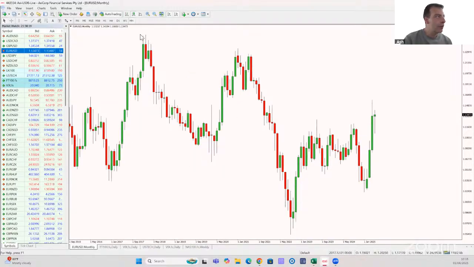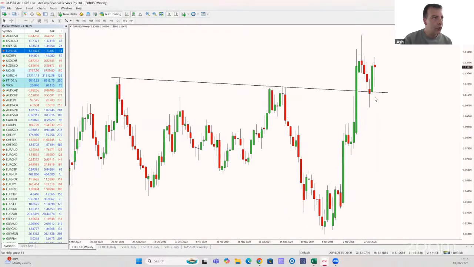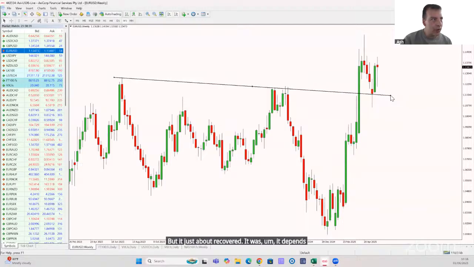The euro on the monthly is also taken out. The euro's taken out these highs as well. On the weekly, similar picture to the pound. It attempts to get back below, but it just about recovered. It depends on where you draw this trend line, which is obviously there.